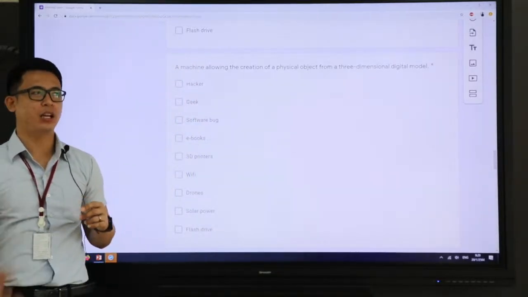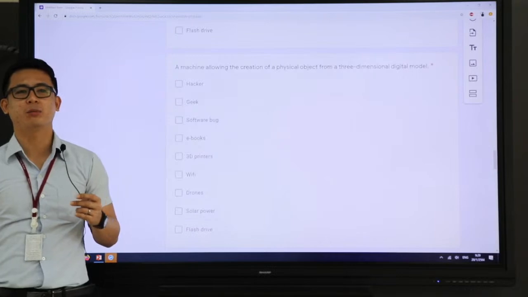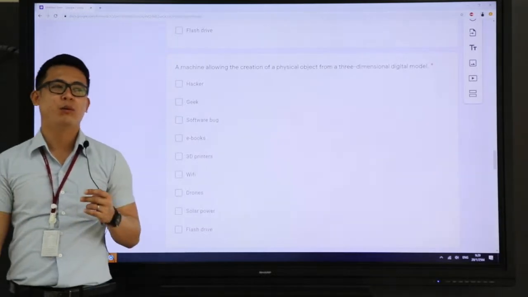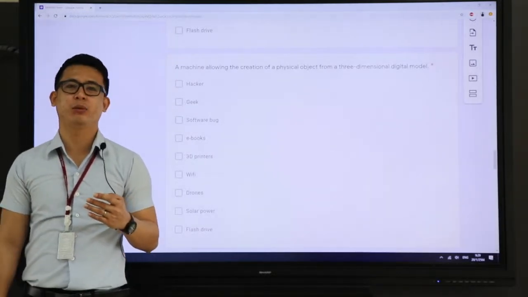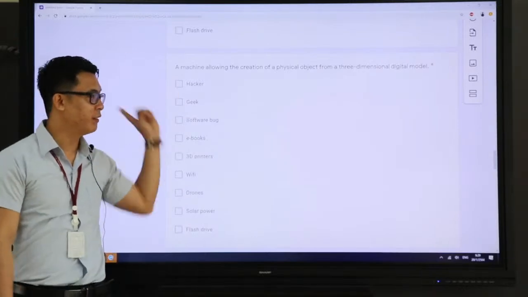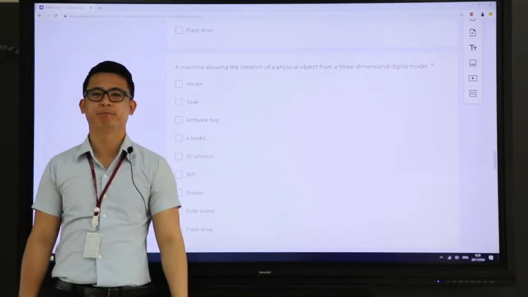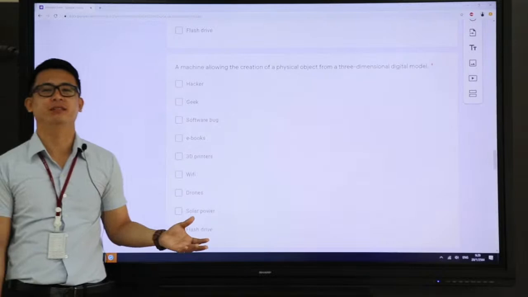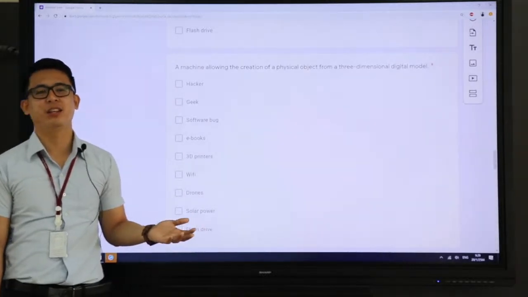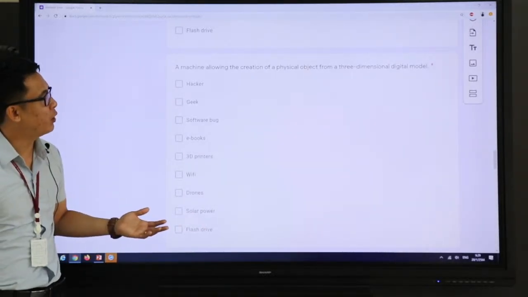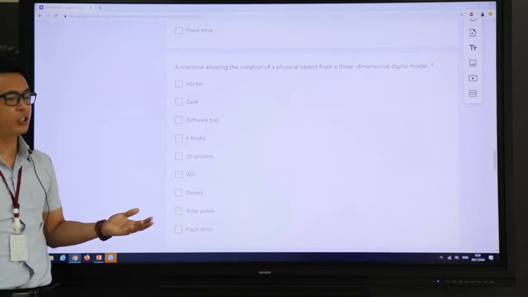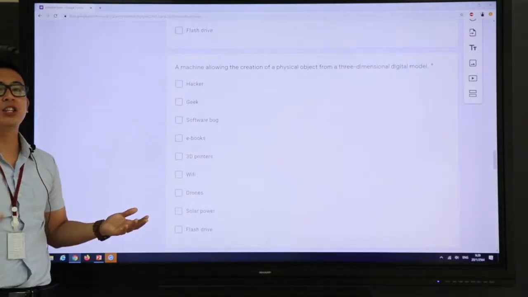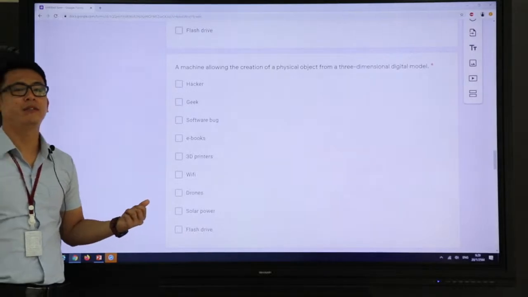What are the functionalities of digital models? What can you do with this one? What are the applications in a real life setting of this technology? Someone said you can have engineering application. So these three-dimensional digital models can have an engineering application in the modern field.